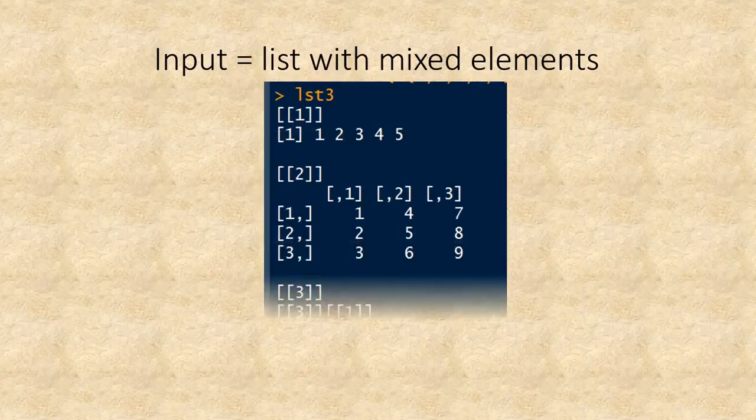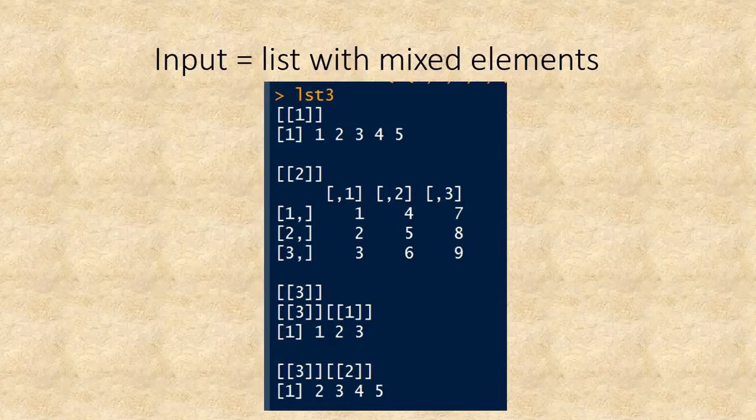If you provide an input list that contains mixed data, for example, this list3 contains a vector, a matrix, and another list inside the list, and this list itself contains two vectors.